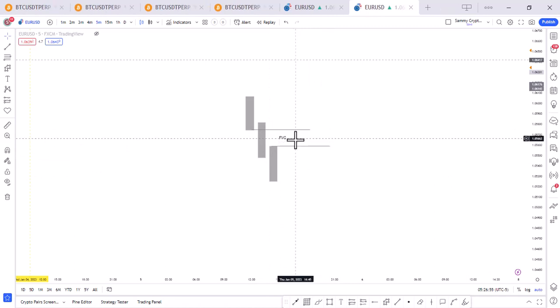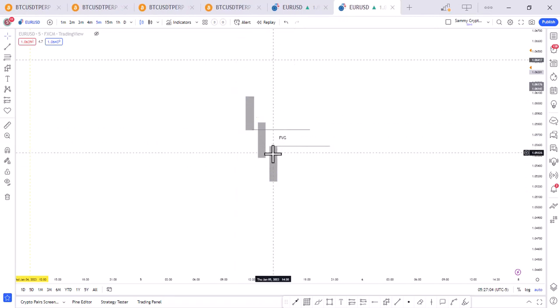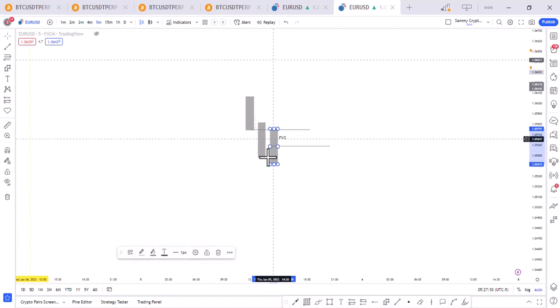So it can also be called fair value gap, that's FVG, or imbalance or inefficiency. Price should behave like this, close up candles that close up, you can see that's void, there's no void there.